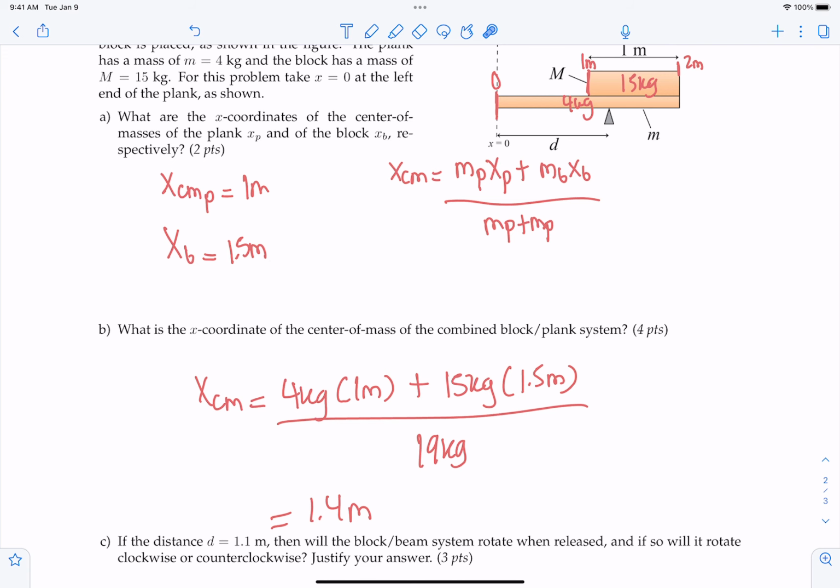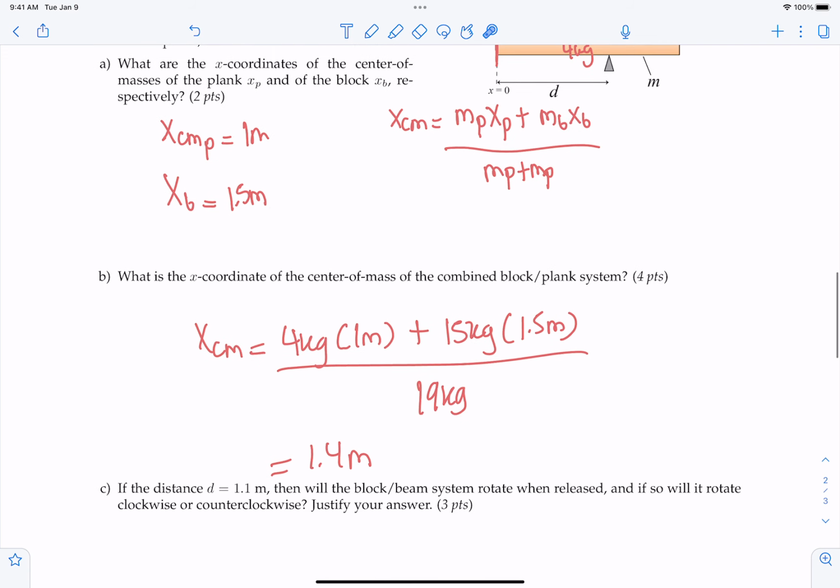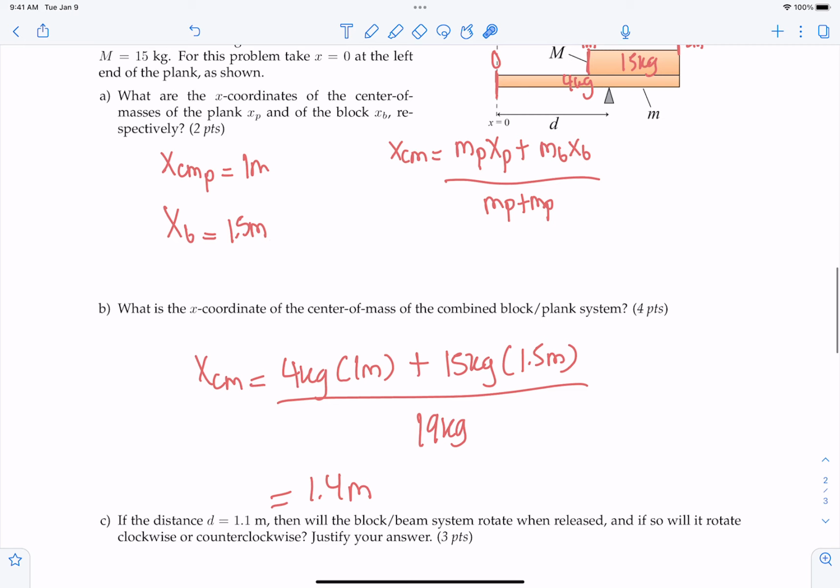Then if we take that support as being the pivot, we just have the only torque in question that would rotate the system clockwise or counterclockwise.